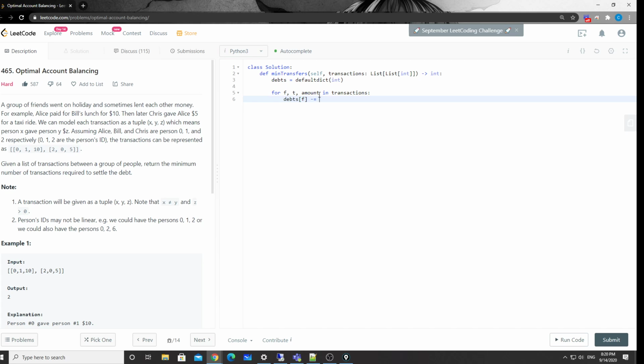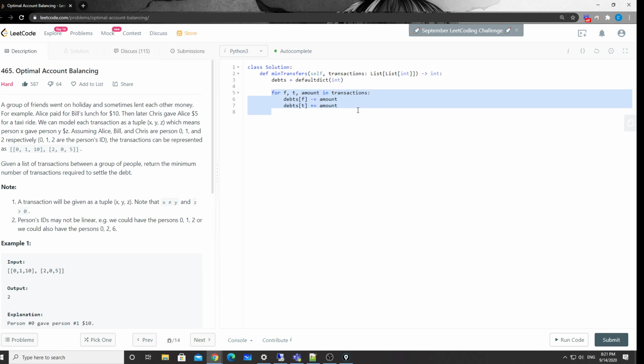It doesn't really matter. For me, the debt is negative for the lender, which means we're gonna decrease that amount from the lender, and we'll also need to increase the amount for the receiver. That's how we define the debts.